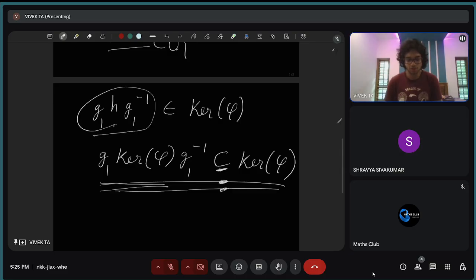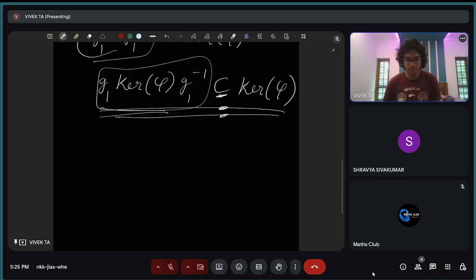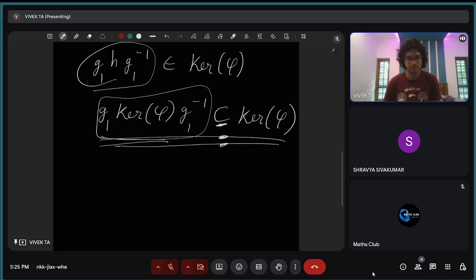That implies this also belongs to the kernel. So this set is a subset of the kernel. Now the other subset relation is easy, so you can take it as an exercise and prove it as well.